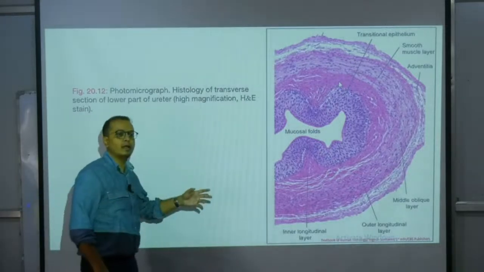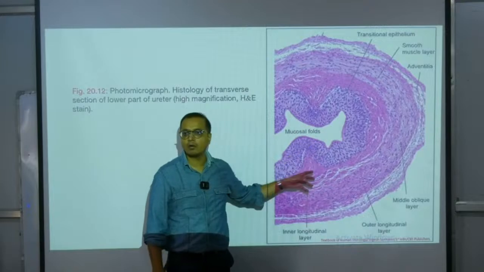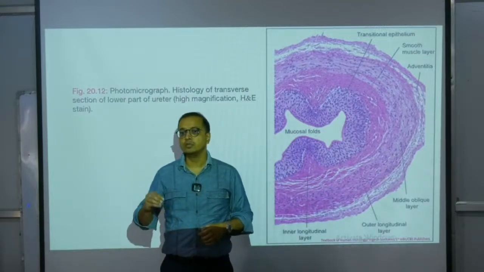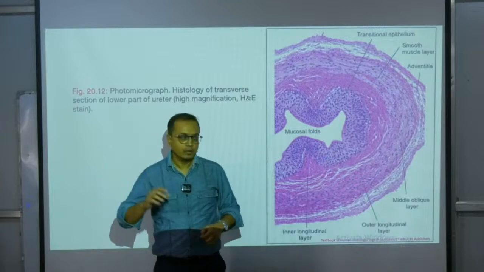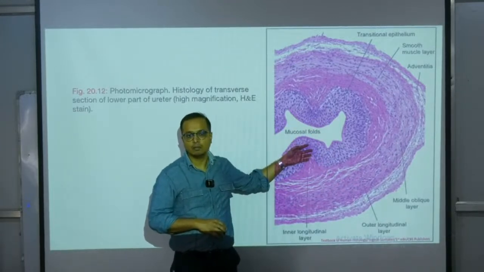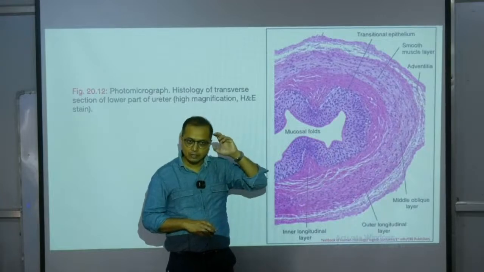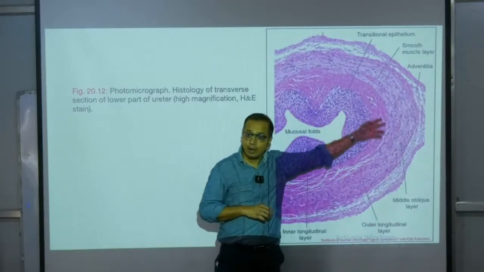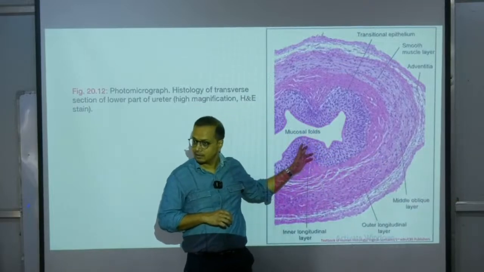Now we have a similar kind of tube present in our body in female subjects. We call it the fallopian tube, also known as the uterine tube. That uterine tube also looks similar to this. But we will see that the uterine tube doesn't have as much muscularity as the ureter has.